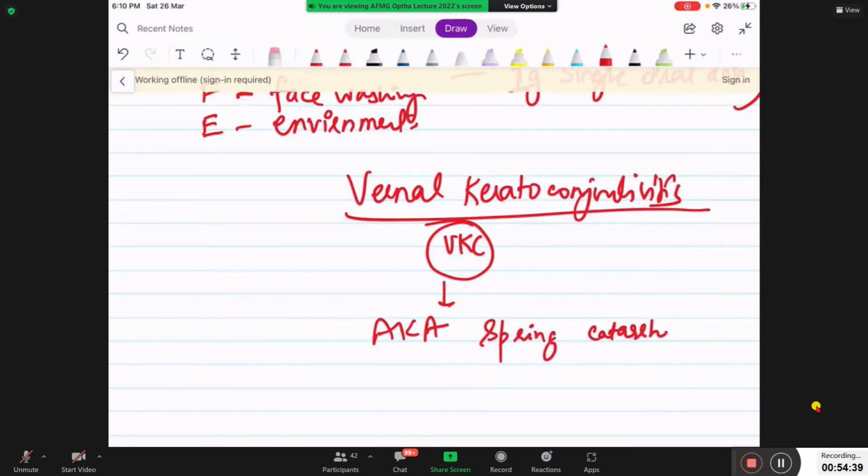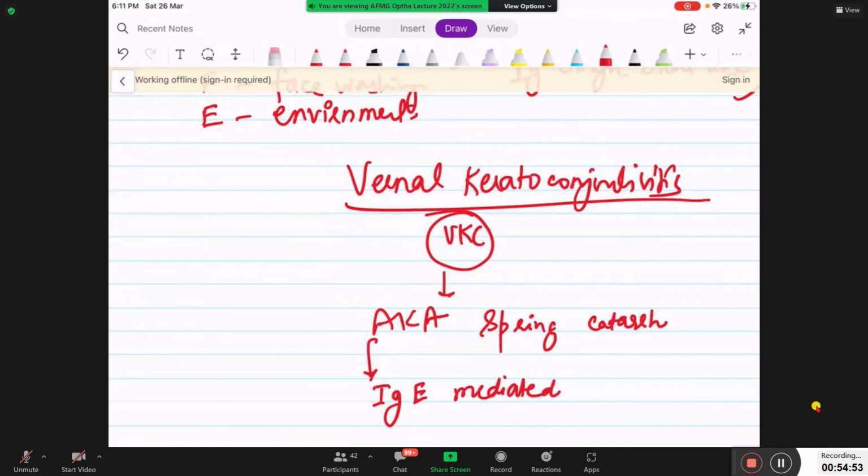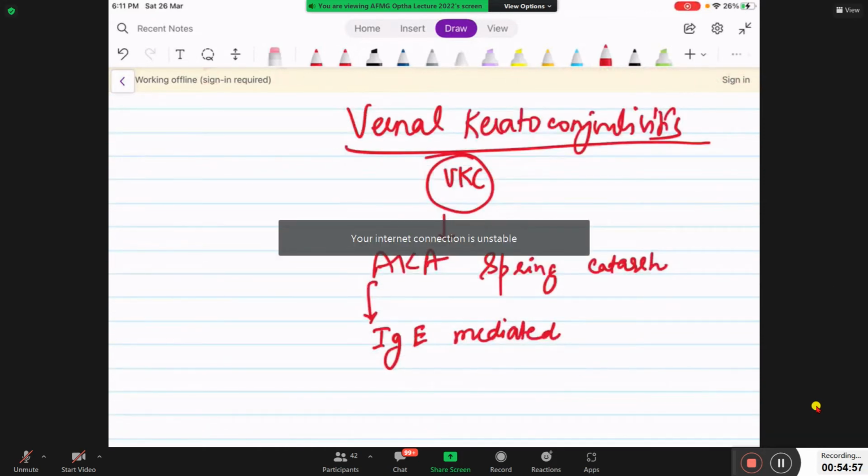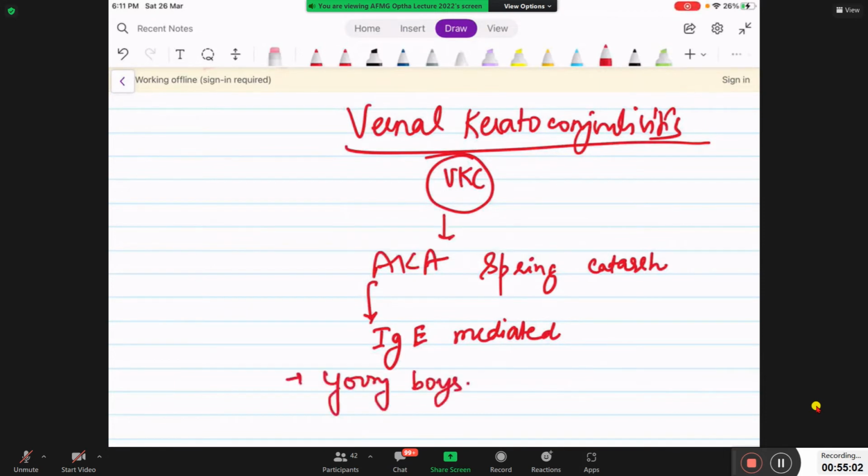That is why it is IgE cell mediated. Okay. It is more commonly seen in young boys, and presents in bilateral eyes, both eyes.